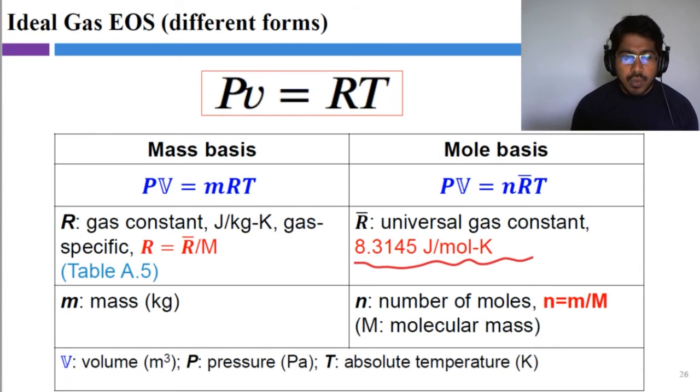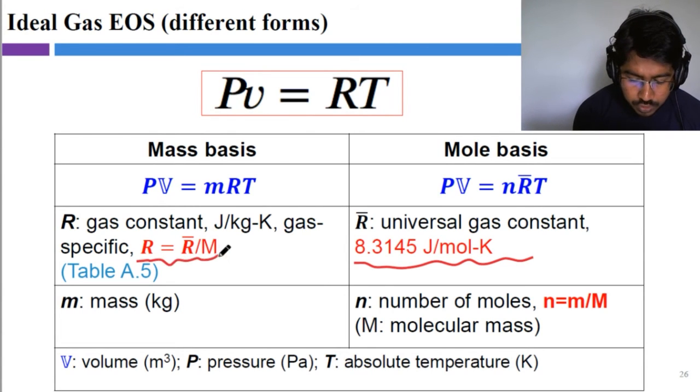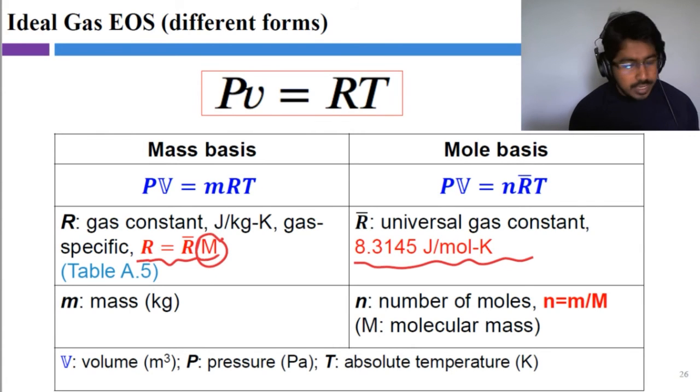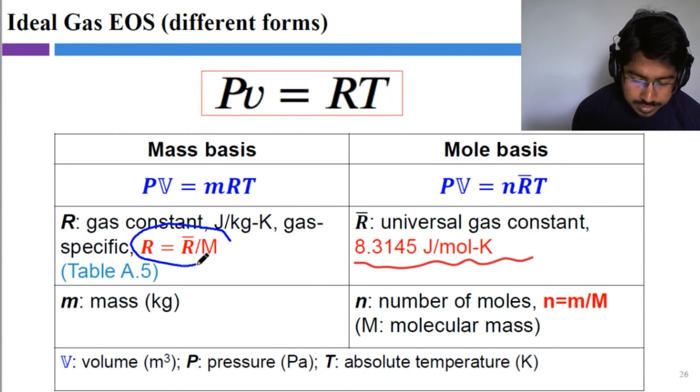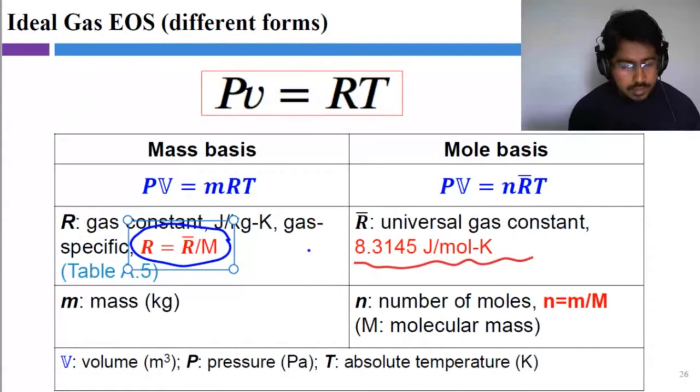For oxygen, we have a different gas constant. For nitrogen, we have a different gas constant. Why is that? Because we derive this R value by dividing the universal gas constant by the molar mass. Therefore, this is dependent on the substance, right?